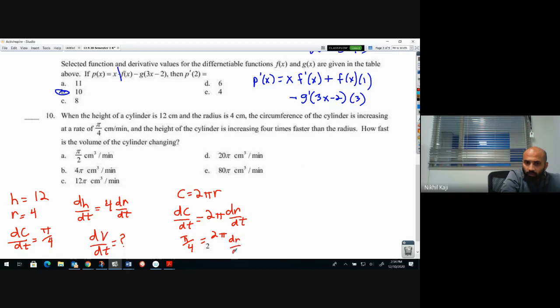So now we'll be able to figure out what dr/dt is. Dividing, the pi's cancel out, and you end up getting 1 over 8.